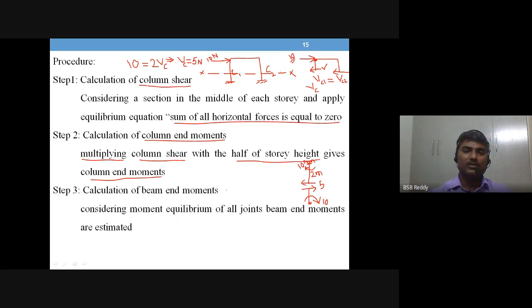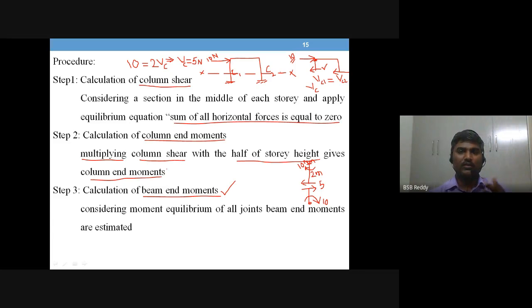So let's proceed to step 3. You have calculated column end moments, let us say. Then what? You have to calculate beam end moments. Once you know this, then you can know this one.